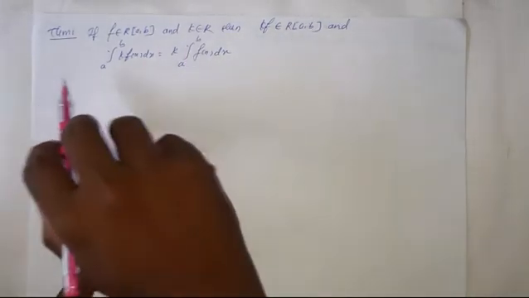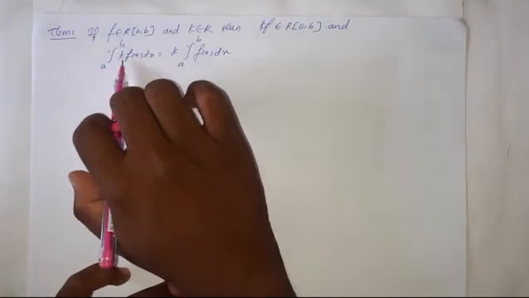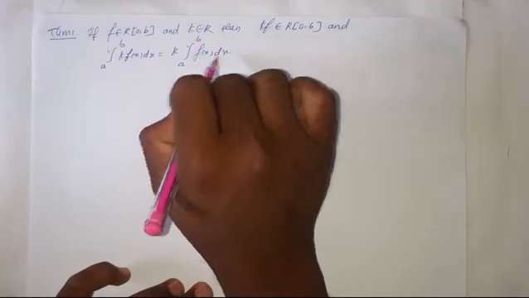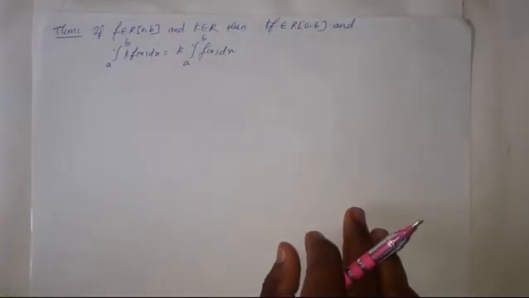And also we need to prove that the integration over a to b of k into f of x dx is equal to k into the integration over a to b of f of x dx.